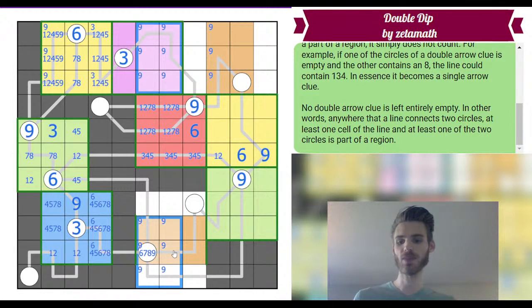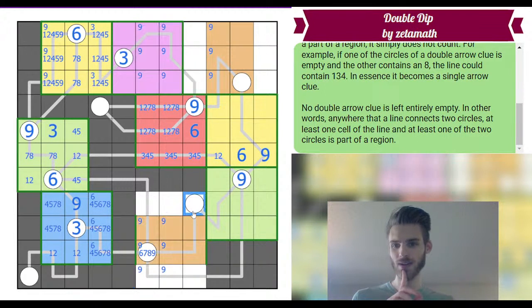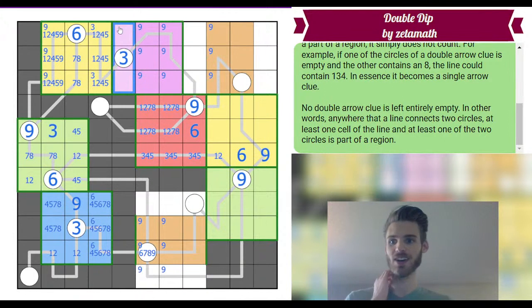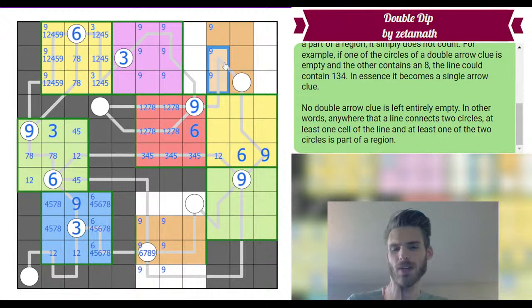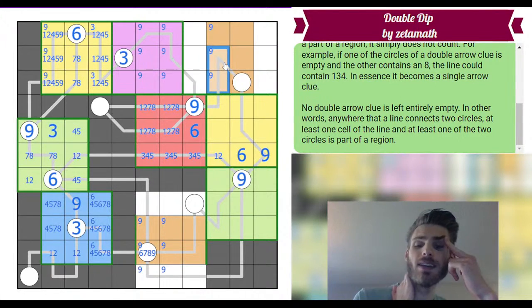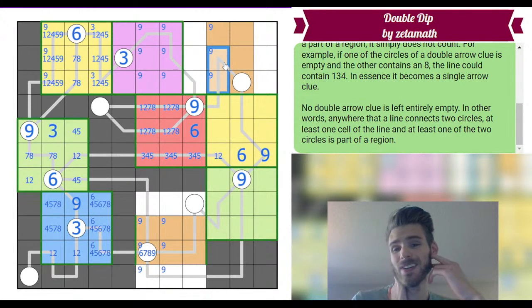A bit over pencil marky, but just wanted to say that there's no 9 in here, I guess, is really the point of that. So can 9 be on this line? I think pretty easily. So what am I missing here?